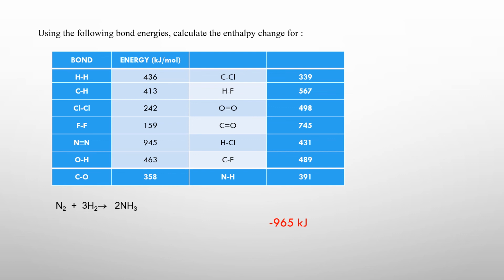So let's just summarize the 4 sets of information. The first one we learned was calorimetry. The second one was enthalpy change equal to the sum of heat of the products minus the sum of heat of the reactants. The third one was using Hess's law to calculate the enthalpy change, and the fourth was using bond energy to calculate the enthalpy change.